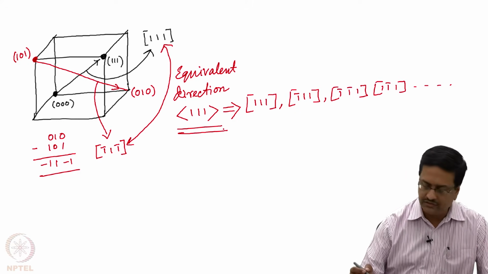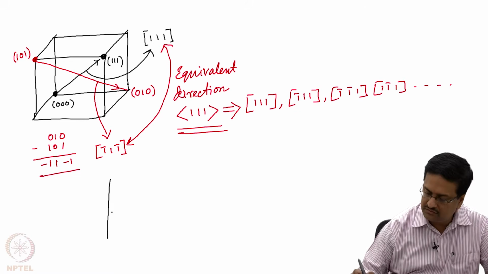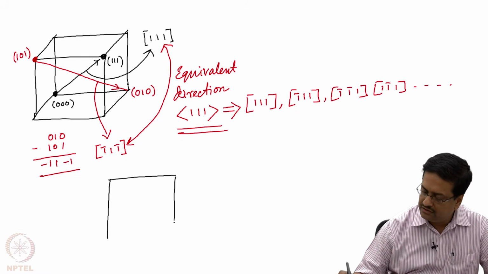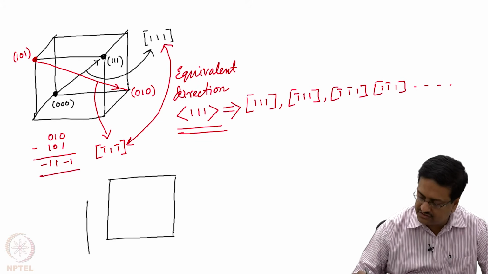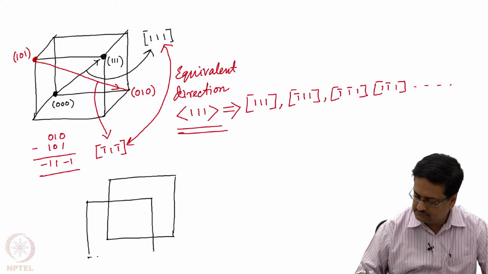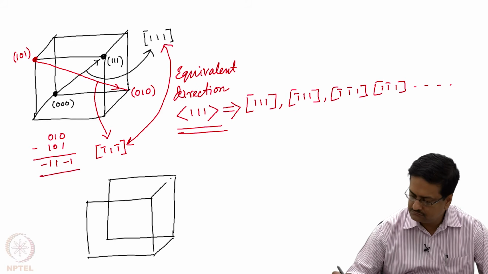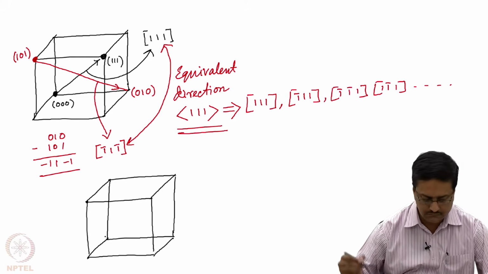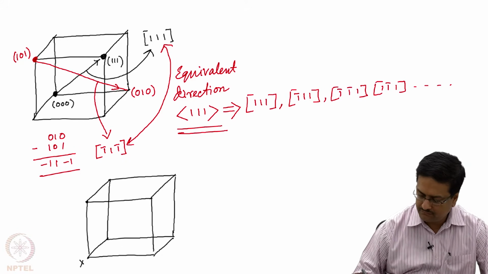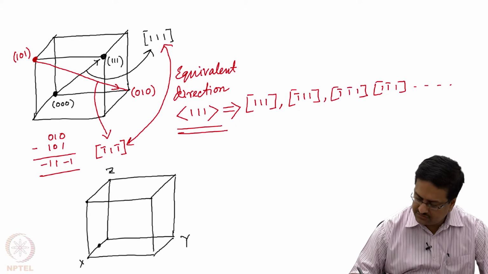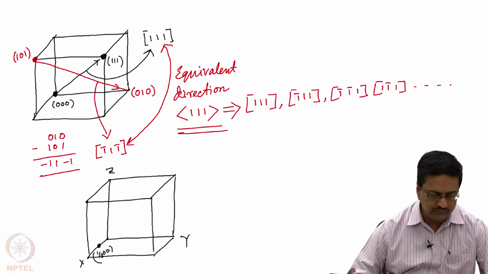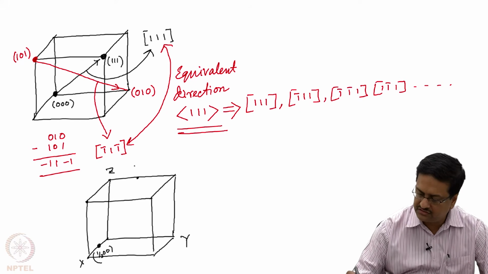The next one that we would like to draw here is a direction with fractional coordinates in it. So we start from a point which is half, 0, 0, and we go to another point here which is 0, half, 1.